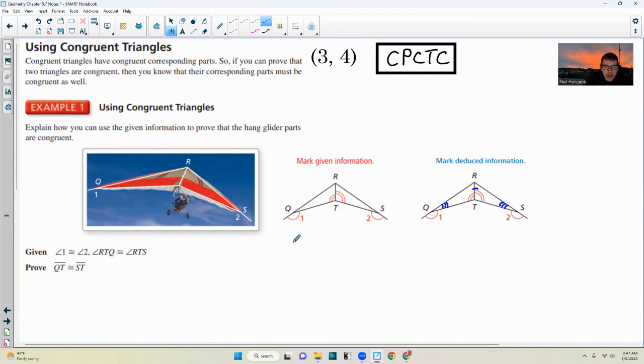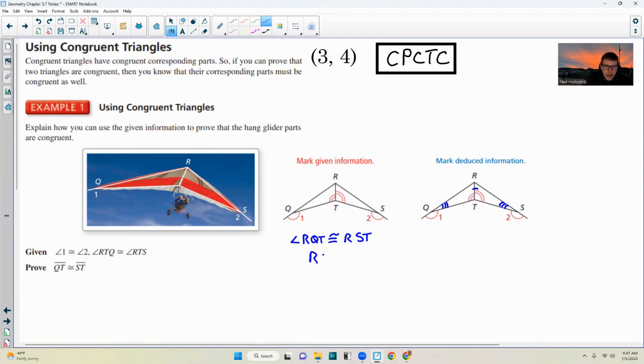So now I know angle RQT is congruent to angle RST, because they're linear pairs to the congruent angles 1 and 2. So now I have 2 angles, and RT is congruent to itself by the reflexive property.